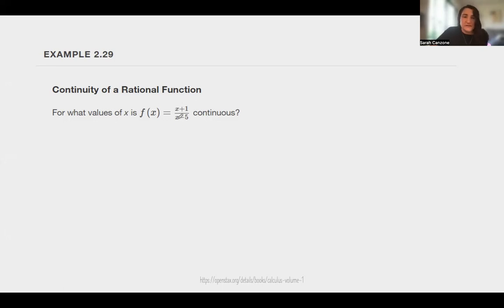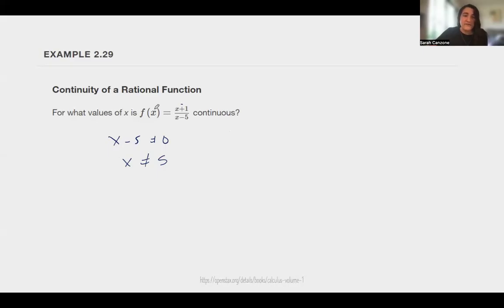So what we have to consider, since they're already simple, is where is this function discontinuous? Well, x plus 1, the numerator, is continuous everywhere, so we don't necessarily care about that. What we do care about is the denominator, because we know the denominator cannot be equal to 0. So we know x minus 5 cannot be 0, which means that x cannot be positive 5. So the only condition on this function is that x can't be 5.